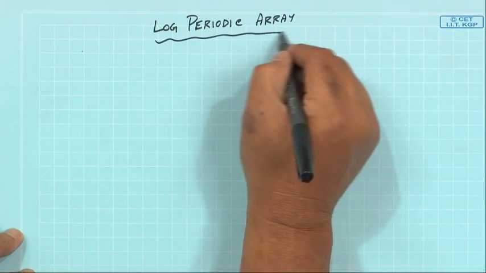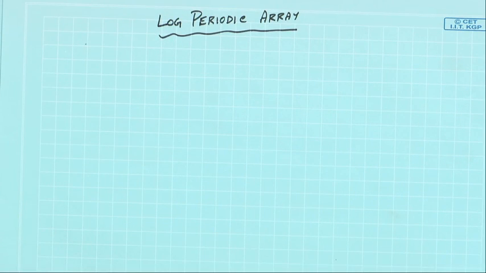This is an interesting array. Actually, it is called a broadband array, but in modern times we do not call it broadband. Earlier people used to call it broadband. Actually, broadband has a connotation that if an antenna is broadband, then I will be able to pass a pulse through it.